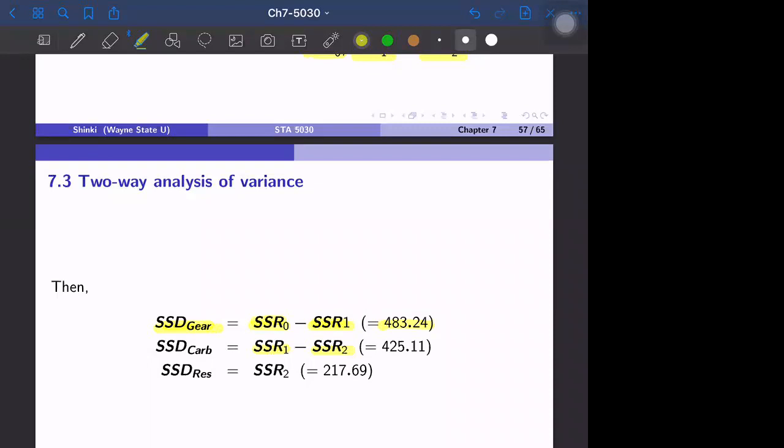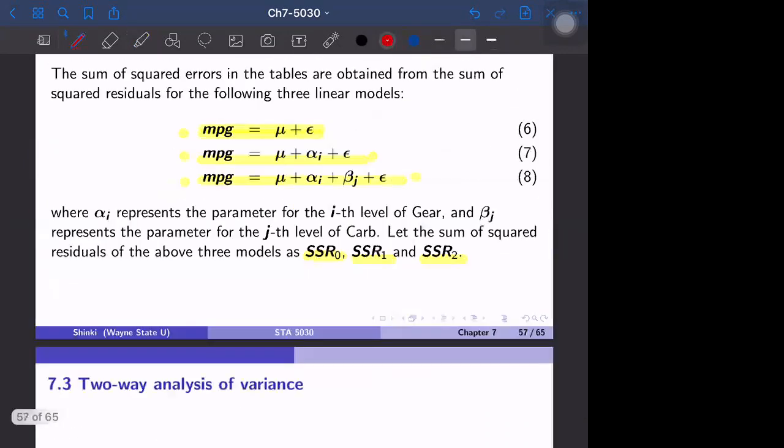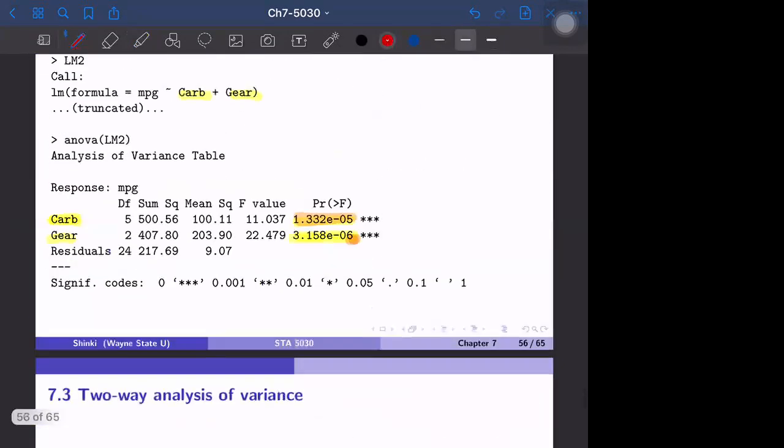And finally, the residual: this is the sum of squared deviations for the residuals, and this is SSR2, 217.689. So these are the SS values, not the F values, in the ANOVA table here.